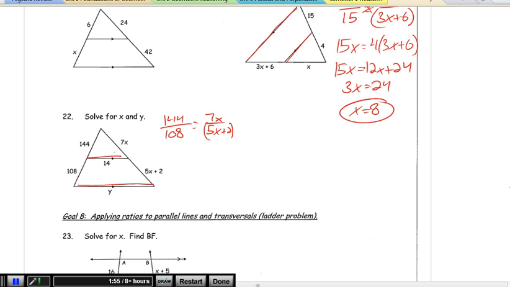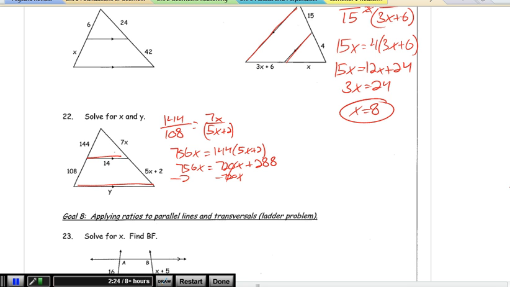I'm going to need a little help here. 108 times 7x equals 756x. Then over here we have 144 times 5x plus 2, which comes out to 720x plus 288.